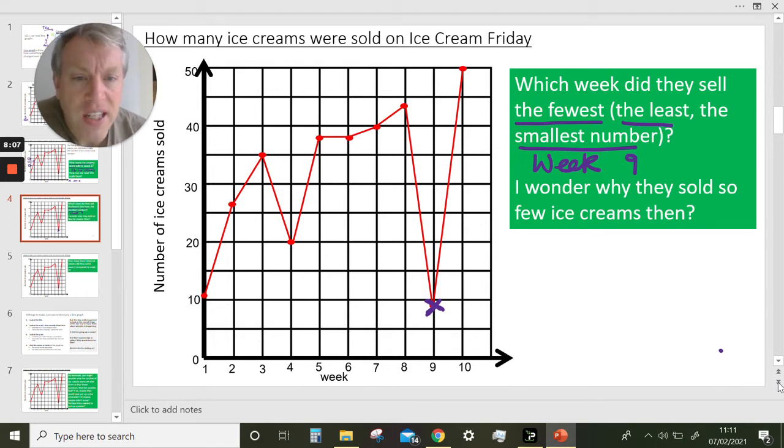Now we have the next question, which is to say, I wonder why they sold so few, such a small number of ice creams then. Well, it's very important when we get a graph or data to think, what's going on? I wonder what the pattern is.